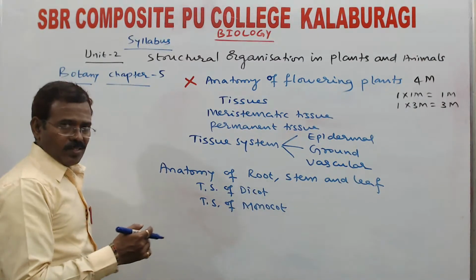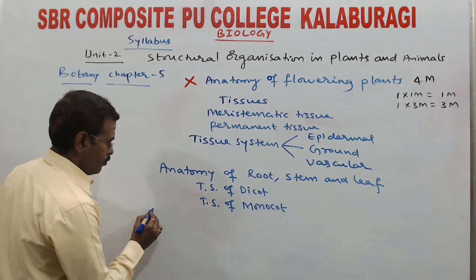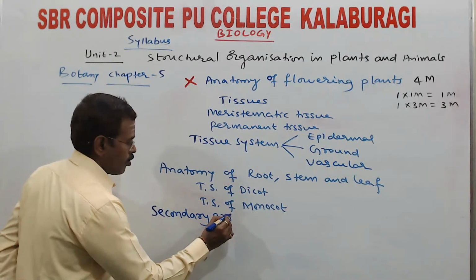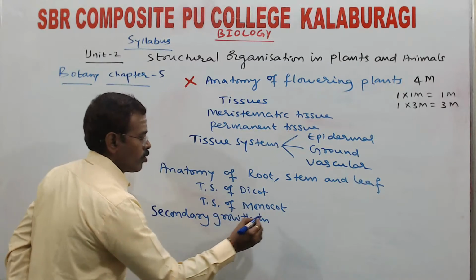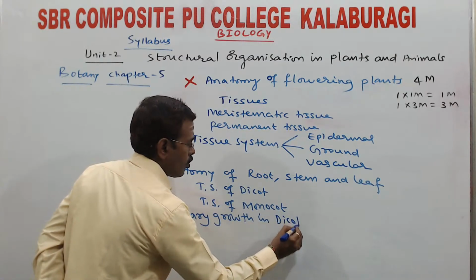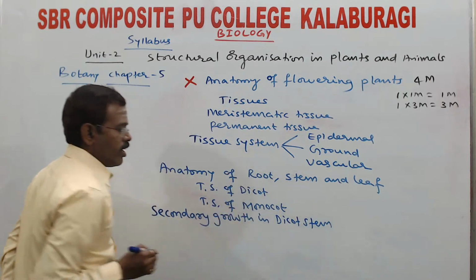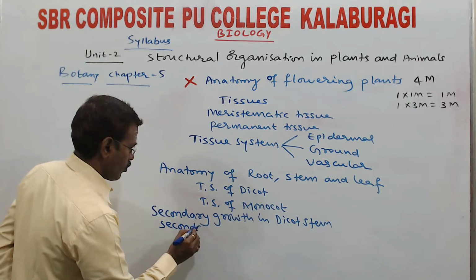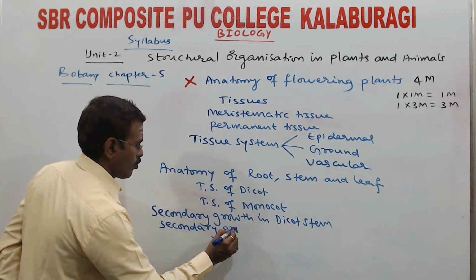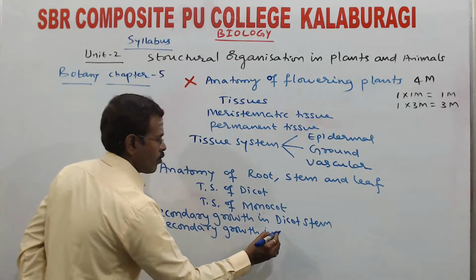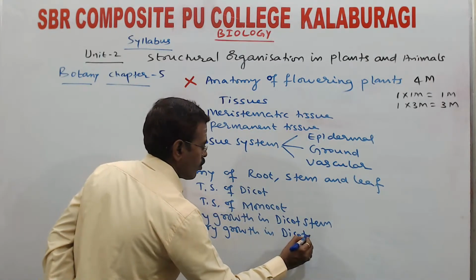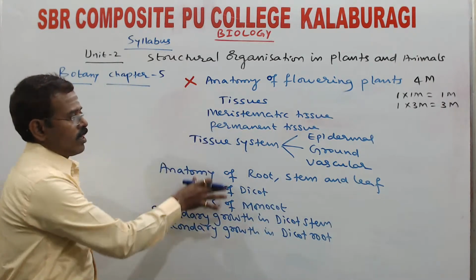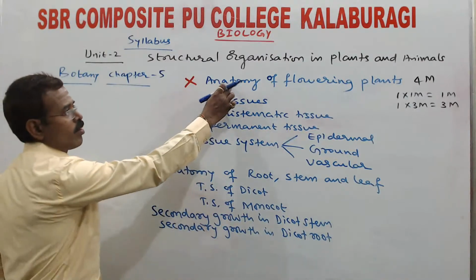Then the last concepts are secondary growth in dicot stem and secondary growth in dicot root.